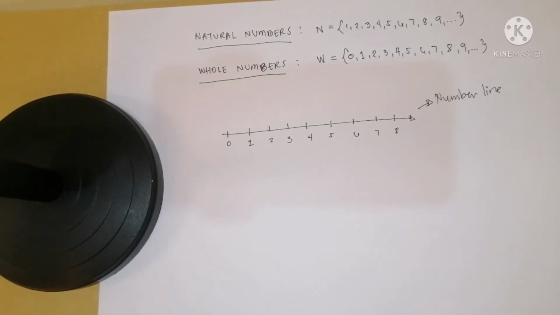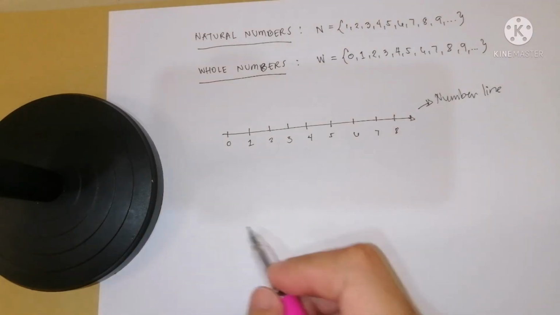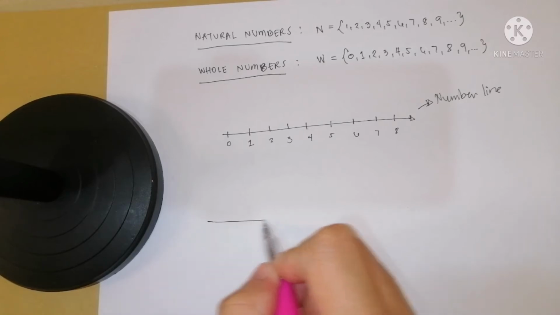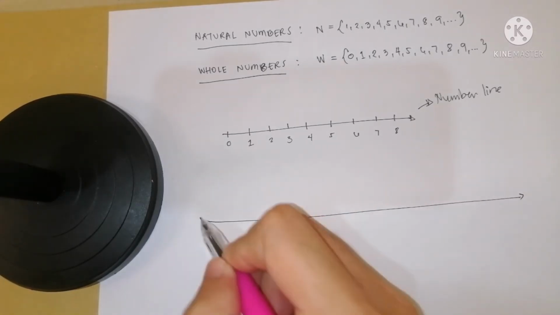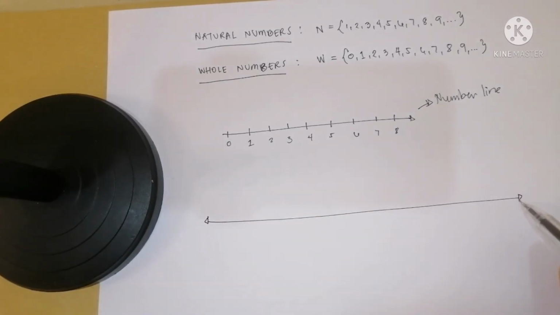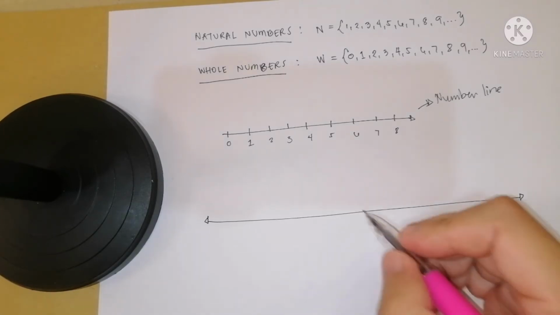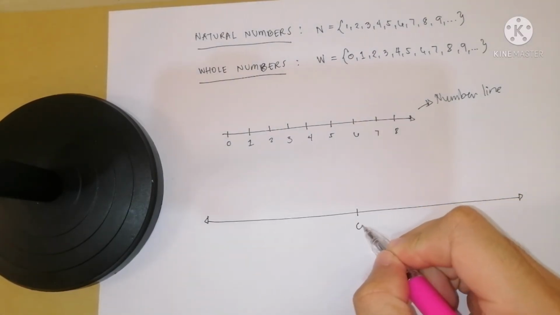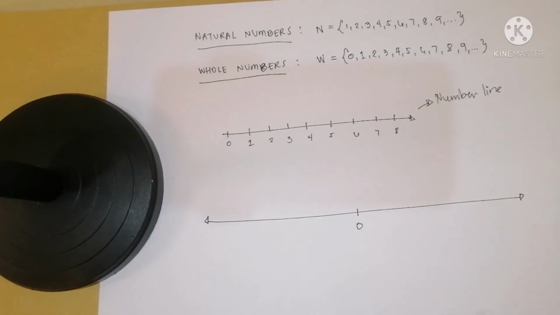If we draw the opposite ray, then we have a number line where every number to the right of 0 has its own opposite at the left of 0. So let's have this one. We put both arrows, and we begin with 0 at the middle.